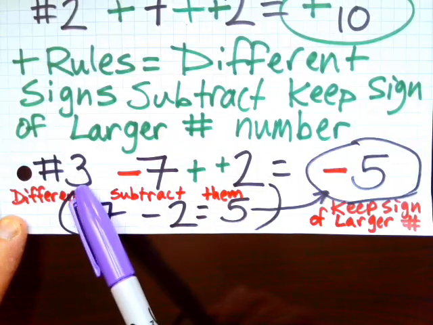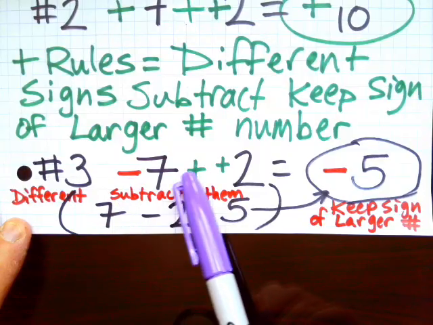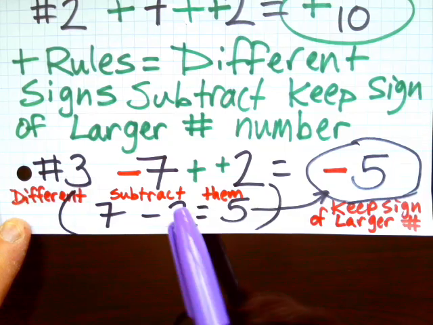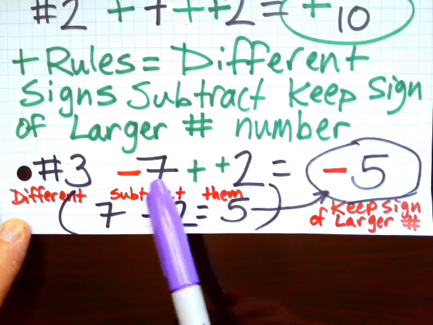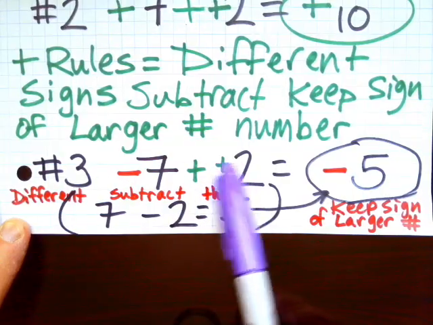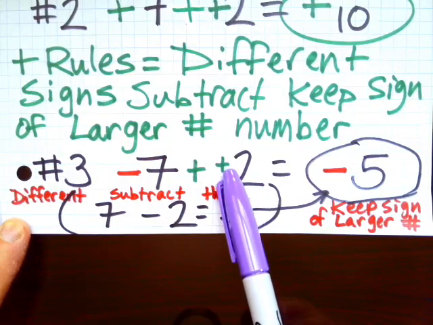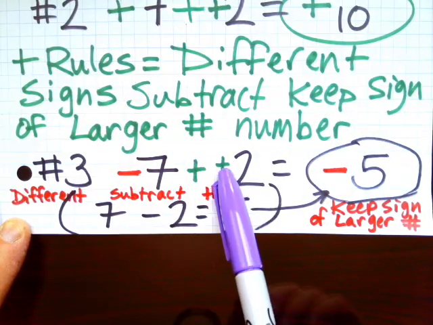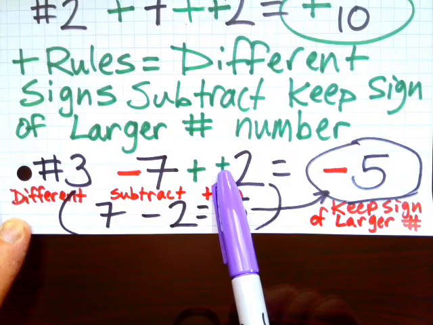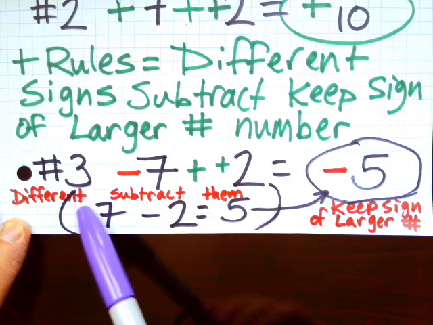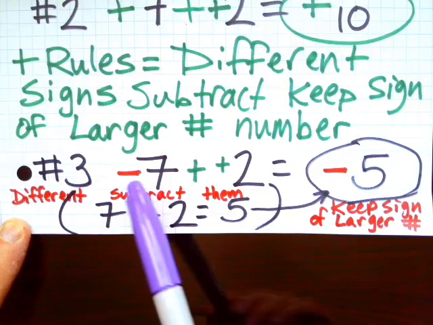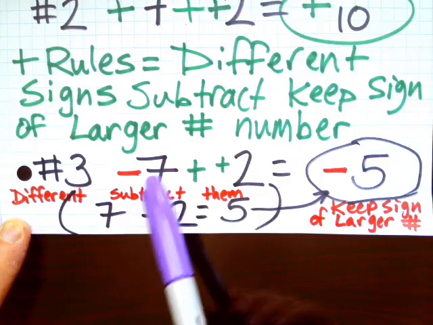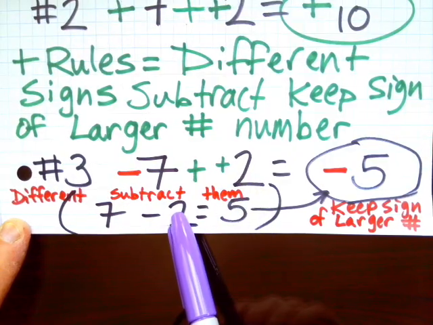So here's an example. -7 plus, again, these are adding rules. This is the second part of the adding rules. So -7 plus a +2. Are these two signs the same? No, they're different. One's negative and one's positive. So this is when you're going to want to follow this rule. When you're adding and the signs are different, you subtract them and keep the sign of the larger number. So 7 minus 2.